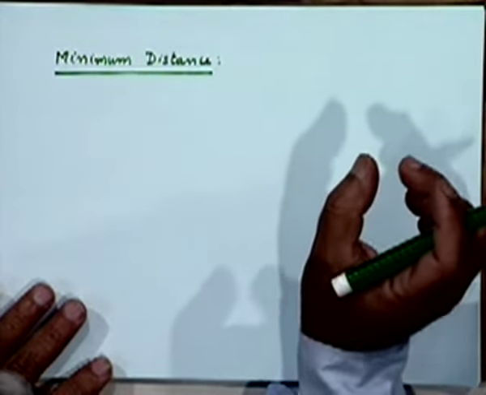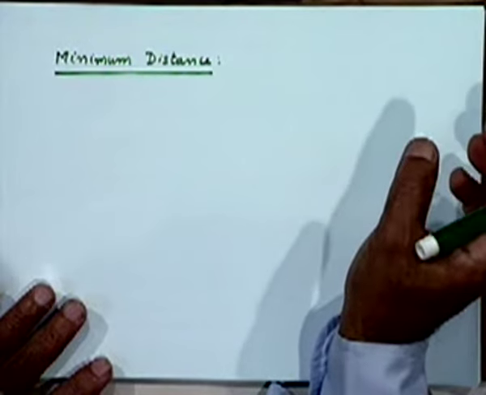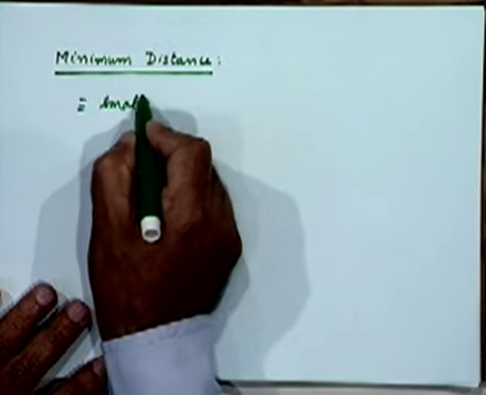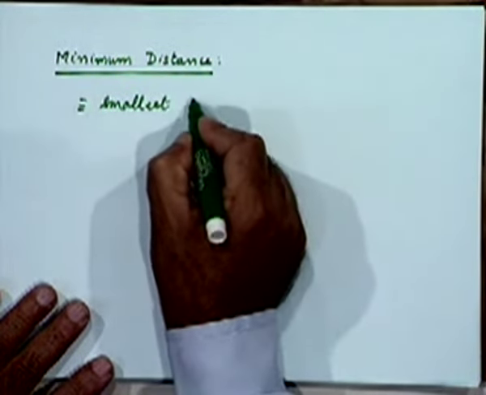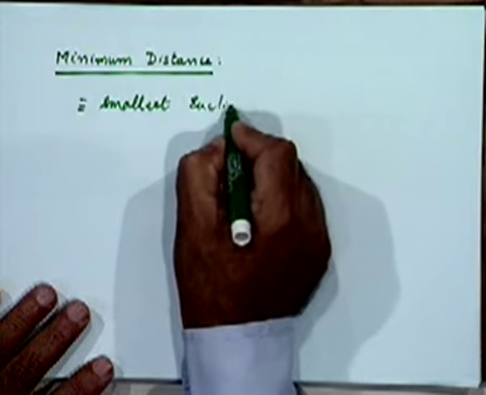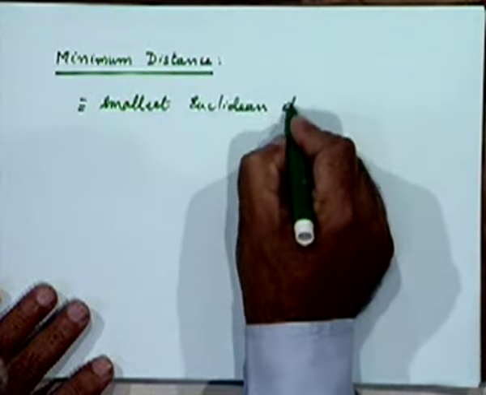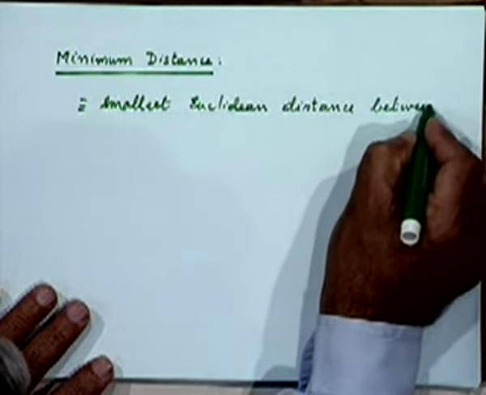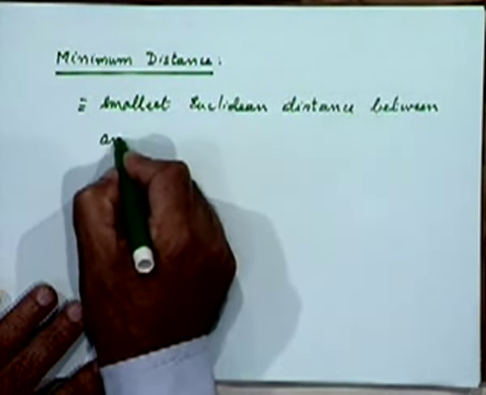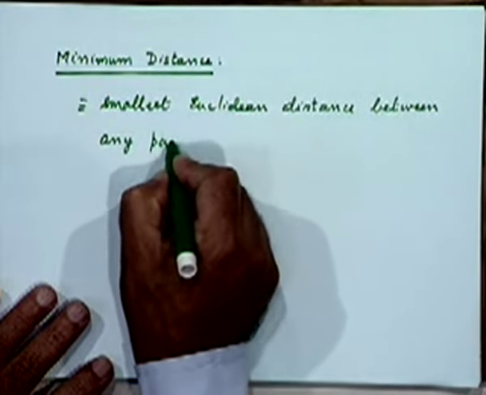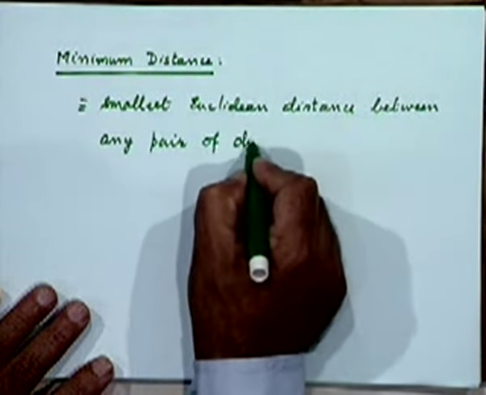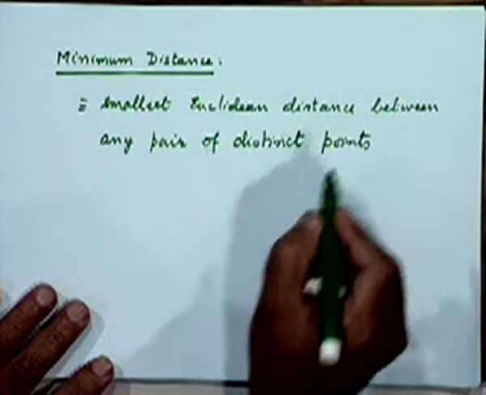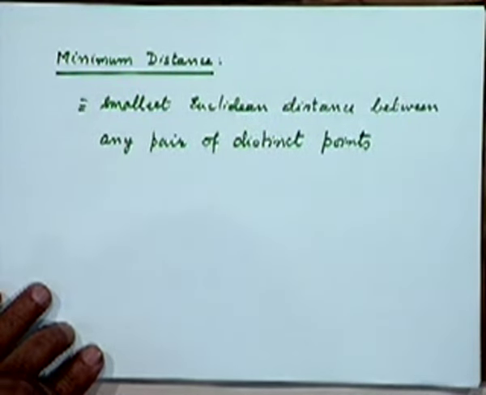It denotes the smallest Euclidean distance between any pair of distinct points on the signal constellation.